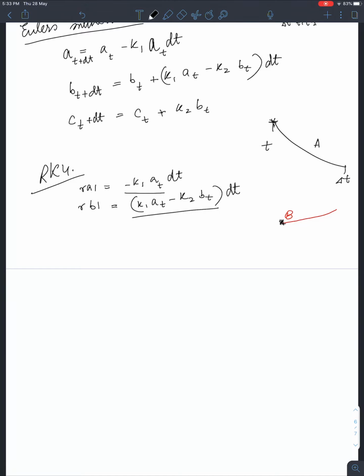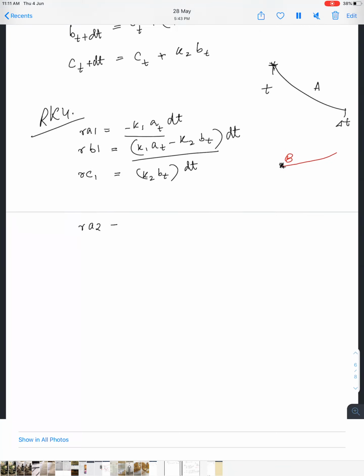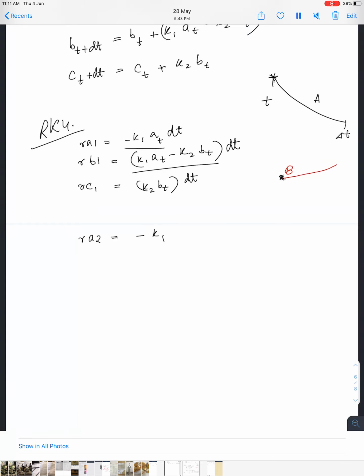So you see the difference. RA1 is f of A, RB1 is equal to function of B, and RC1 is equal to the function of C. So now RA2 is equal to minus K1, see here, A at t plus RA1 by 2 dt.